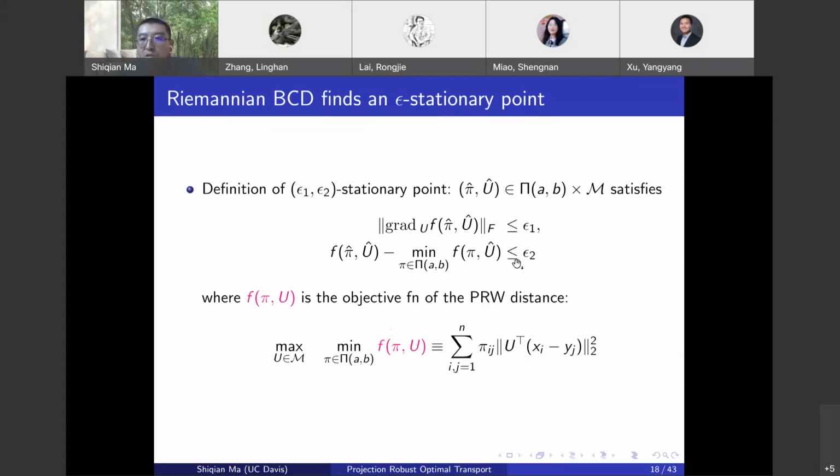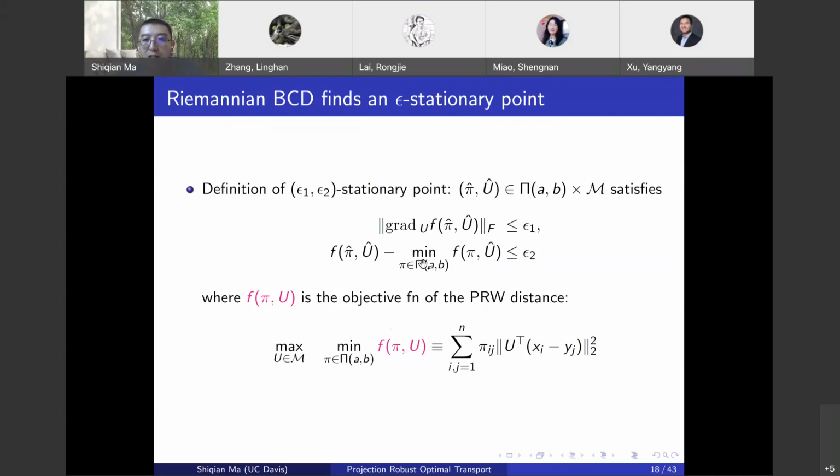Now let me explain these two inequalities. The first inequality says that if pi hat is given, then u hat is good, because when you compute the Riemannian gradient of the objective function with respect to u, this gradient is small. It is smaller than epsilon 1.